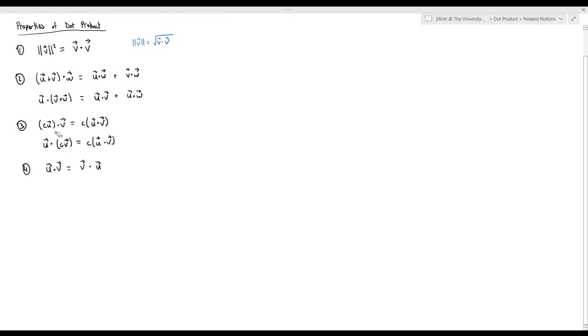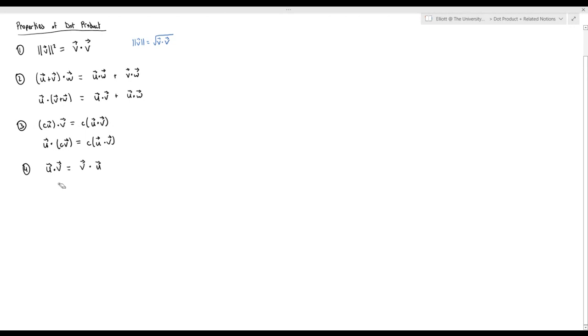When scalar multiplication is also involved, say u dot product with cv, you can pull the scalar out to the front and do u dot v and then multiply by c. Same if the c multiplies the vector u instead. You can pull the scalar outside.